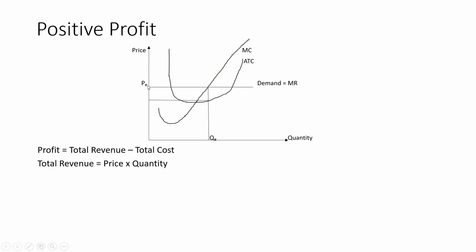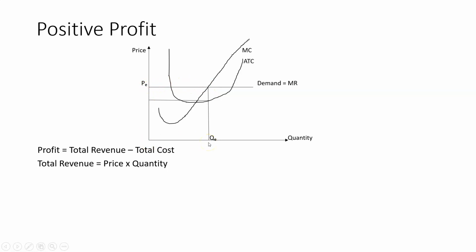If you remember from geometry, the area of a rectangle is length times width. So in this picture, length times width is price times quantity. So this large rectangle here represents our total revenue.